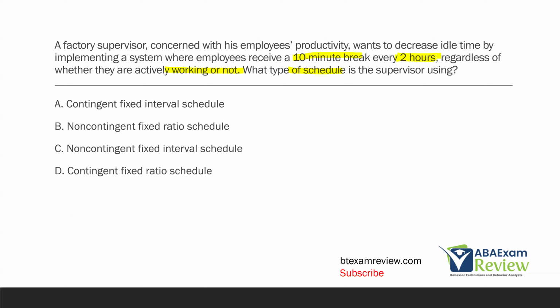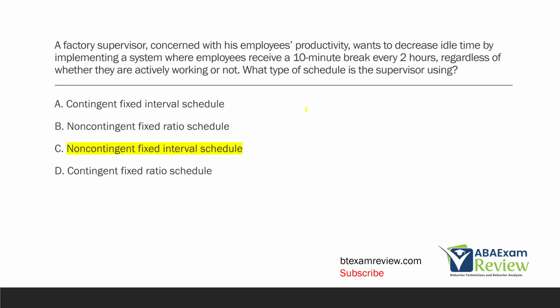So we have a fixed interval, non-contingent schedule. So if we look at our answer choices, C, a non-contingent fixed interval schedule. This is a more challenging reinforcement schedule question, but make sure you're understanding how we got to fixed interval, right? It's a set amount of time, and it's non-contingent because no matter what, reinforcement is delivered, regardless of the behavior that is occurring.